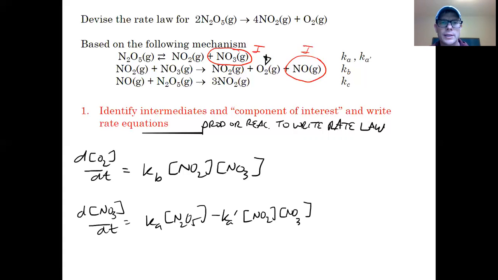And then I also lose it in the second step, so this becomes minus Kb NO2 NO3. I could write a rate expression for my other intermediate, NO, but it's not clear to me that I'm going to use that at all. So I'm going to hold off on that for right now.